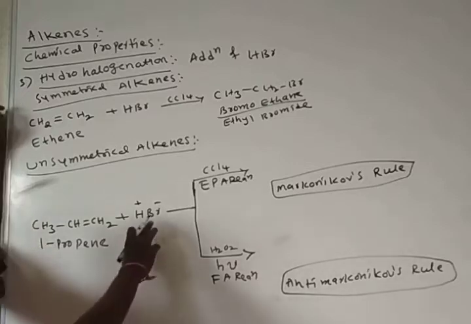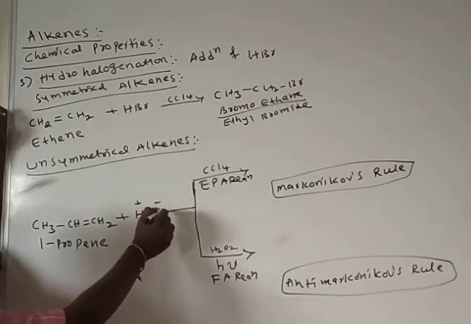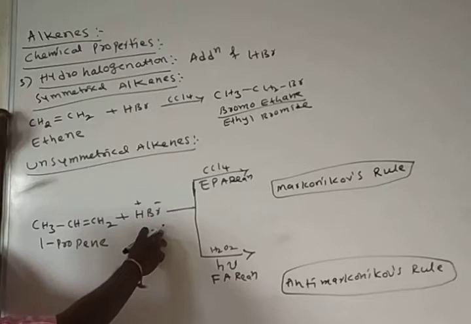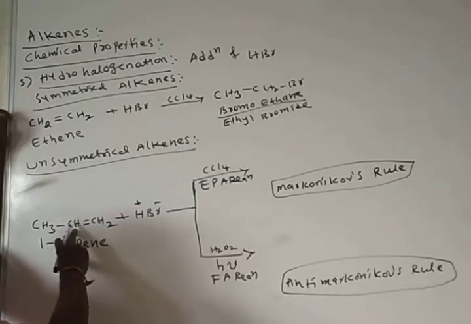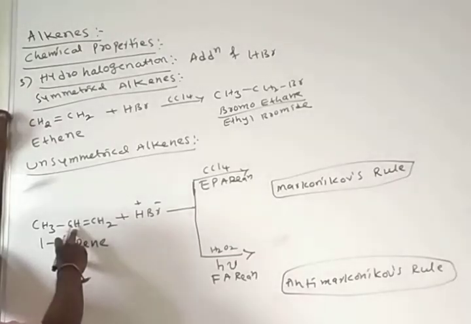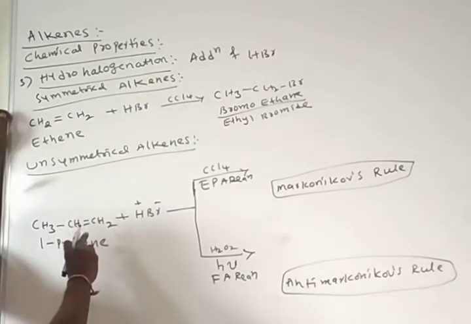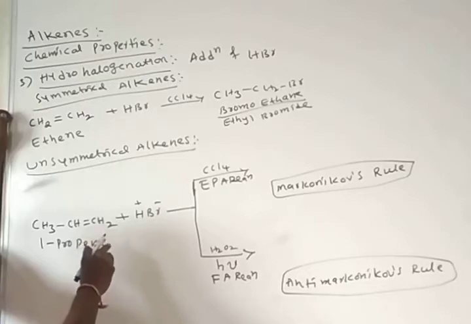What is the Markovnikov rule? The negative part of the reagent, that means Br minus, should be attached to the carbon which has fewer hydrogens, or the more substituted carbon of the alkene double bond.